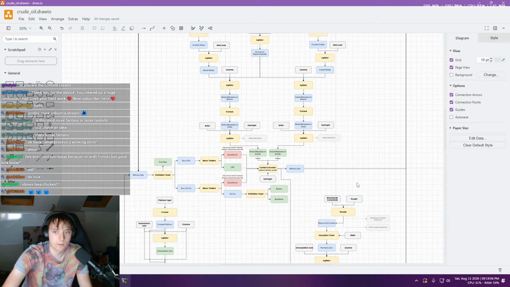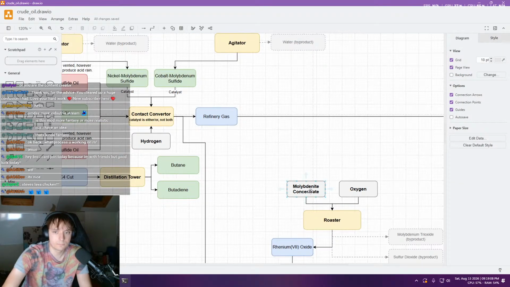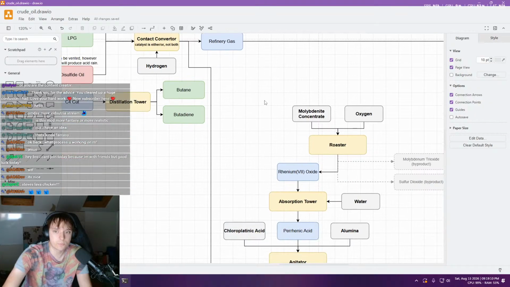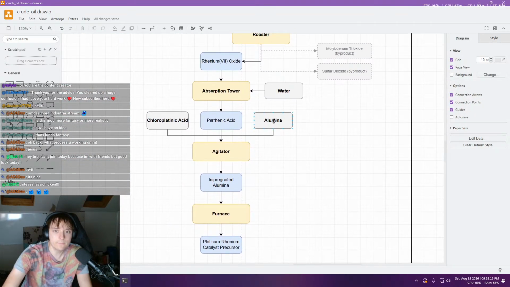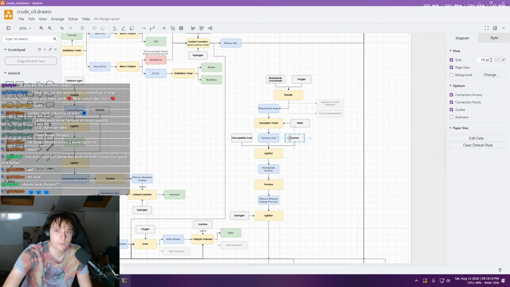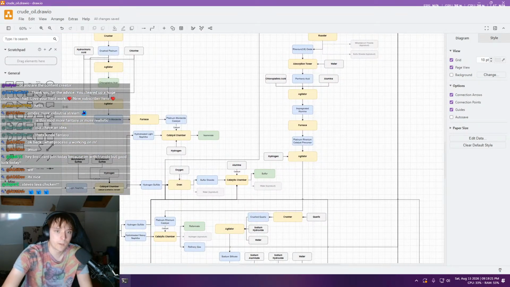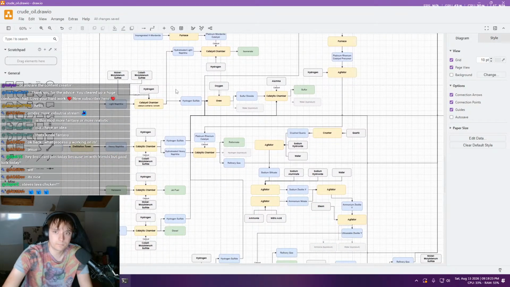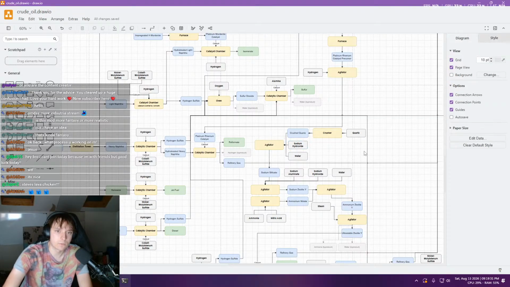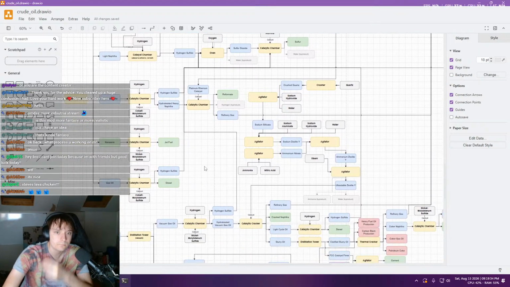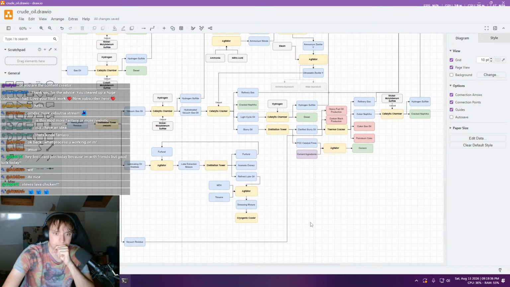Oxygen, same thing. Moly concentrate as well. Even for the alumina, you're talking about an entire heroic process. Sodium hydroxide is kind of the same, but it's trivial to get.